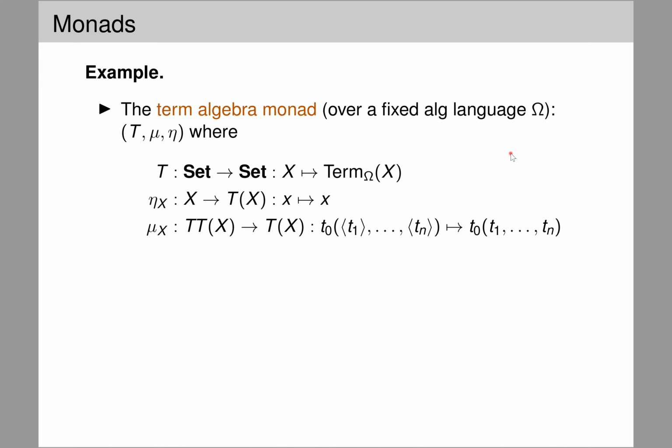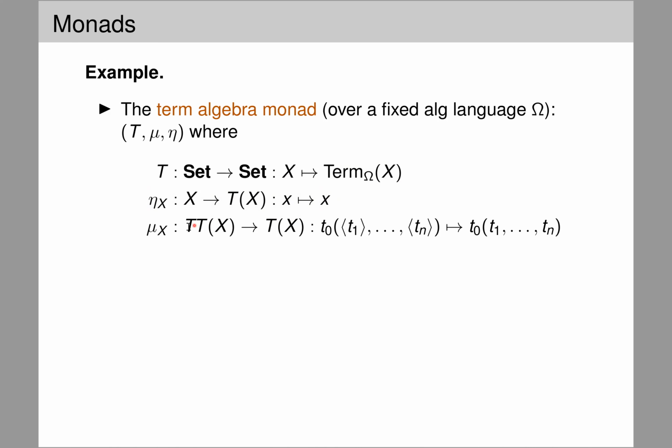So you see, a monad gives us a way to turn an unstructured set X of variables into a structured set, the omega terms over X, where we already can perform certain actions. So eta just takes X to T of X by taking a variable x as an element of the set of variables to the corresponding term x.